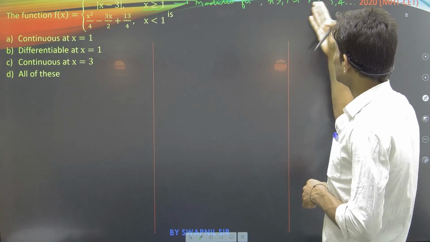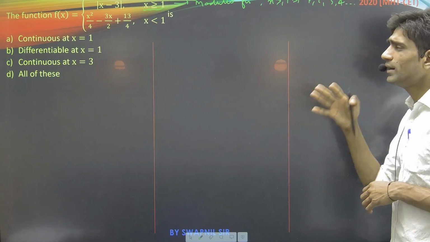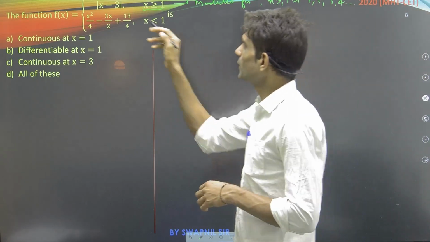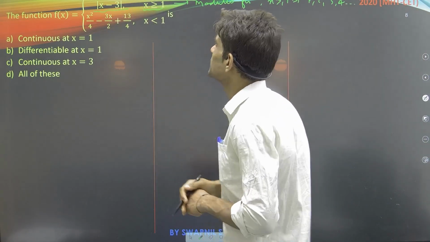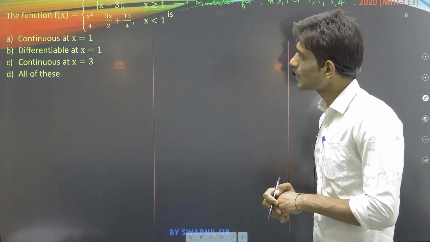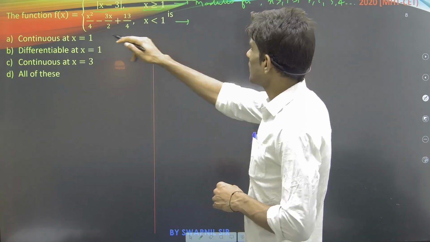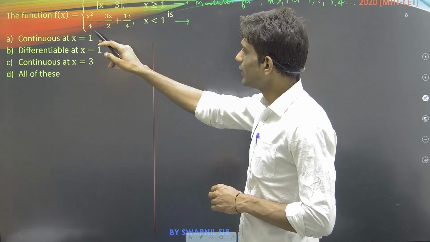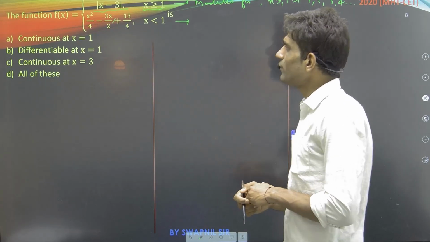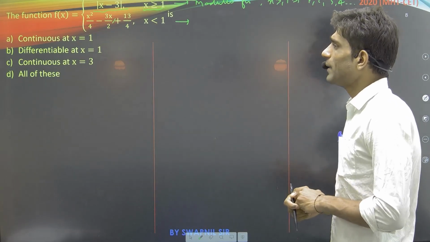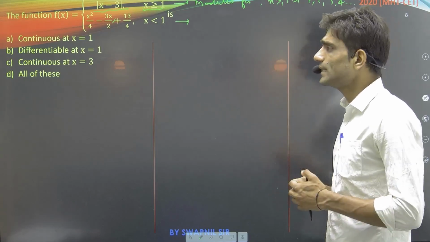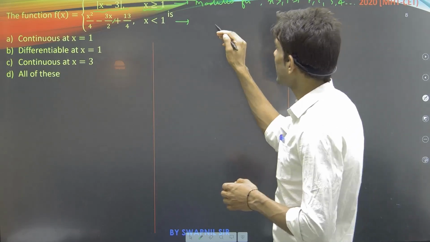So when we consider the values of x as 1, 2, 3, 4, we have to use the function f of x equal to modulus of x minus 3. And in our second function, we have a simple polynomial function, x square by 4 minus 3x by 2 plus 13 by 4, where x is strictly less than 1.